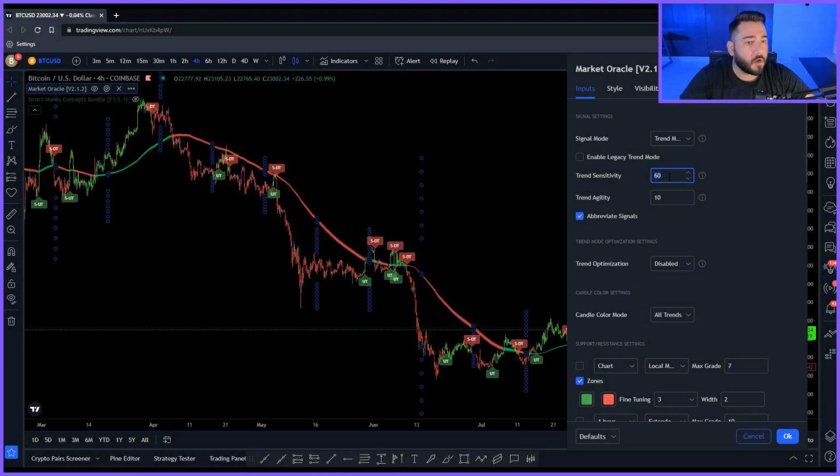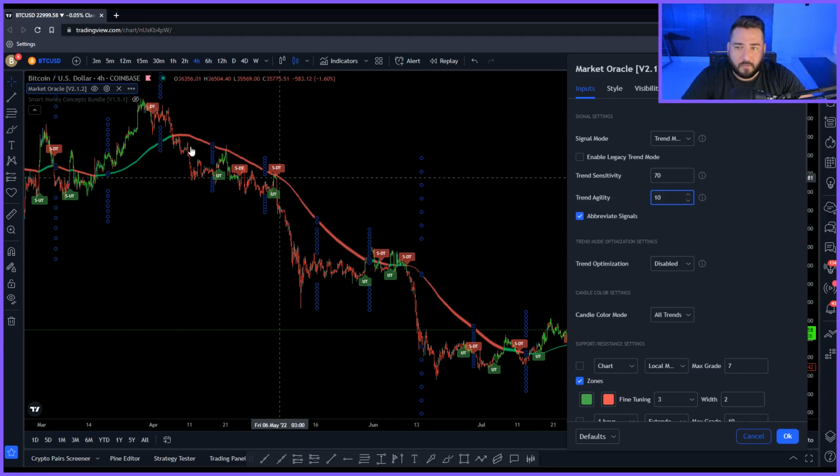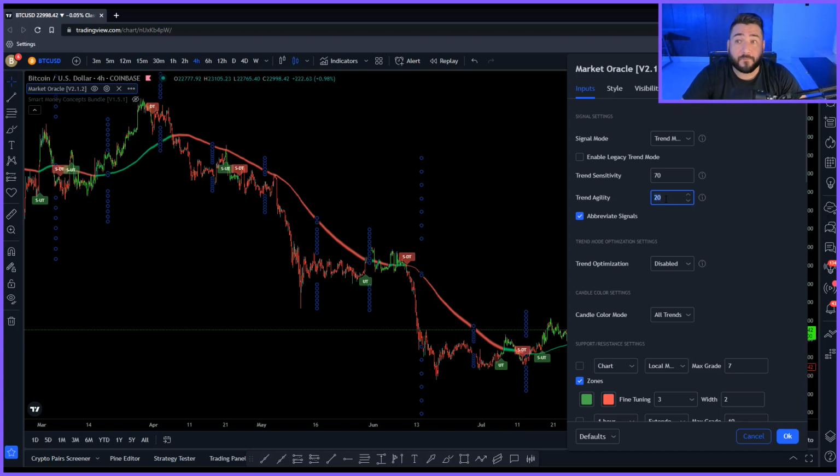So let's increase it from 60 to 70 and start increasing my trend agility in 10 increments. Right out of the box, we see a big change in here. So let's go over 20, then 30 and 40. I already know that my preferred trend sensitivity and agility is 70, 40. So let's go ahead and punch that in.